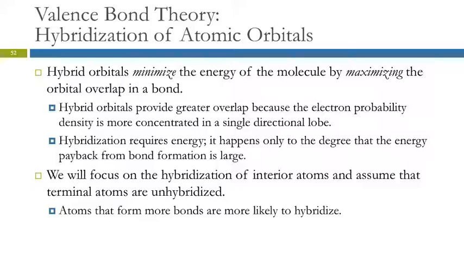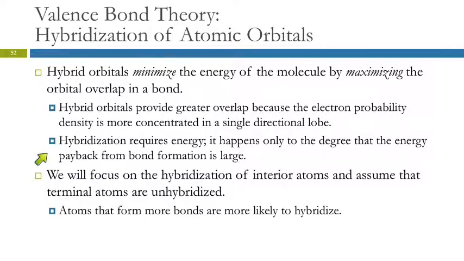So you can get better orbital overlap. And we're not doing this to molecules. We're trying to tweak our theory so that it matches up more with what we actually observe. So the orbitals are going to have better overlap when they're hybridized because the electron probability density gets more concentrated in a single direction instead of being spread out on both sides.